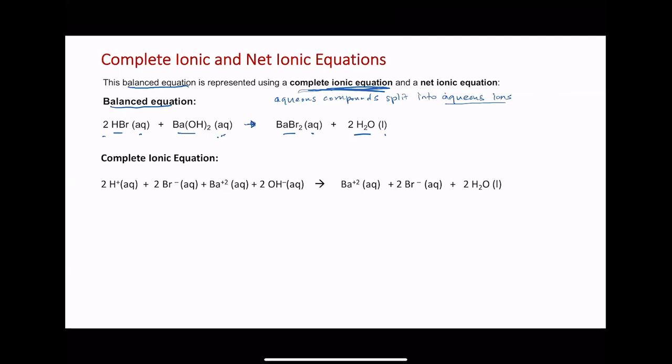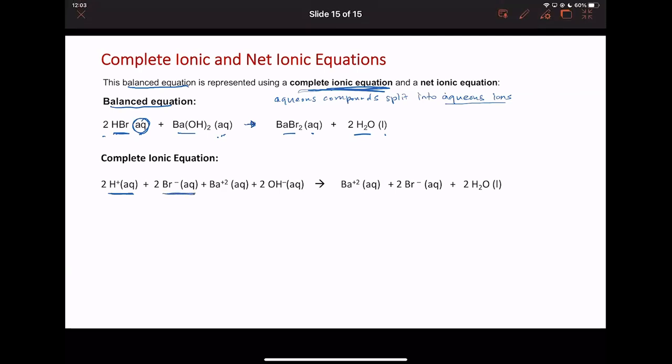So instead of writing, for instance, HBr, because this has an aqueous physical state, you want to write this as the ions, which are H+, that's aqueous, and then Br-, that's aqueous. And I also want to point out that this coefficient carries through to both ions.